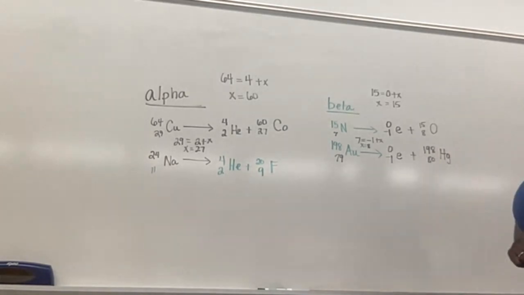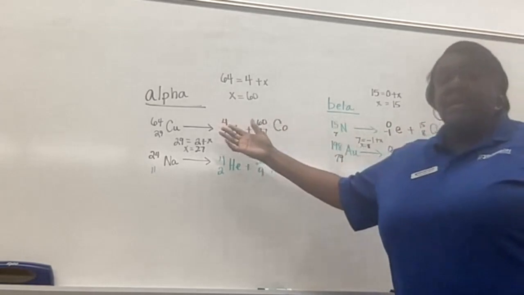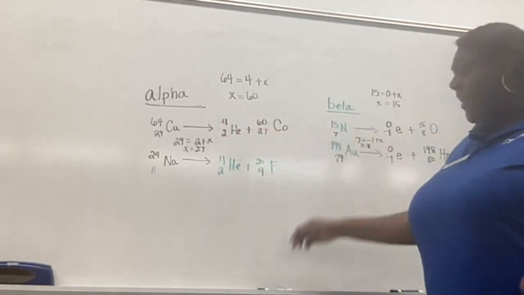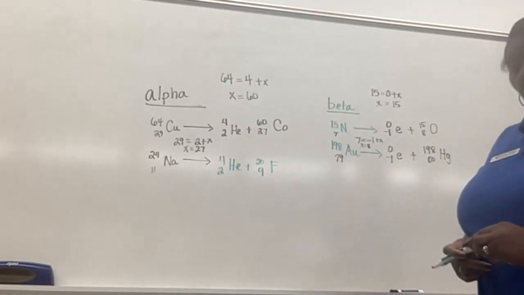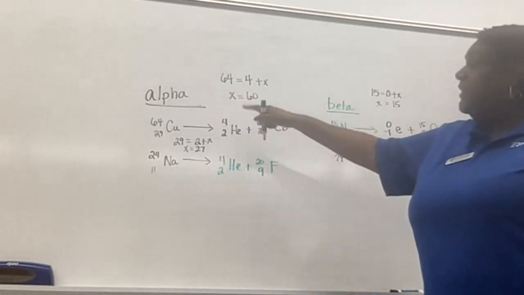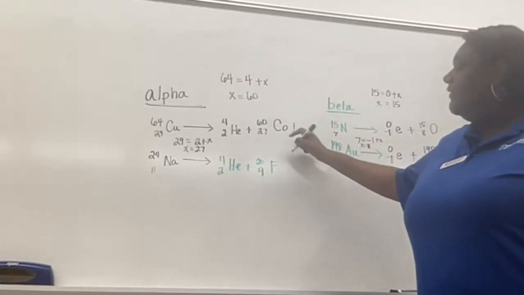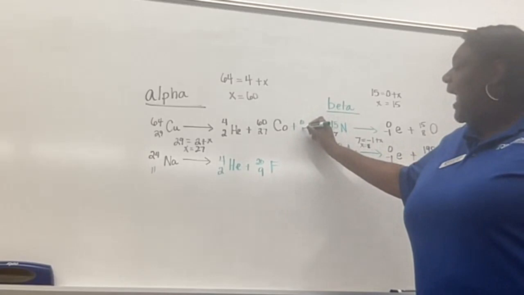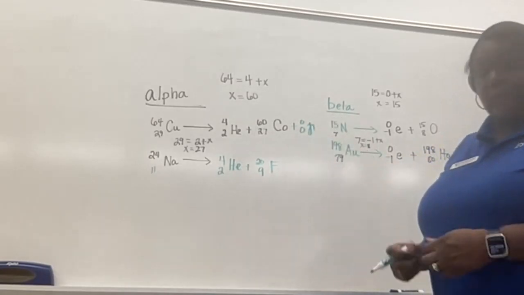All right. Now, when we go to our gamma radiation, it can accompany both alpha or beta. It will tell you in the problem what it does. But if there is gamma radiation involved, let's say it says alpha and gamma decay, so all you would do is add a plus sign, add your symbol for gamma, and that's all that you would do.